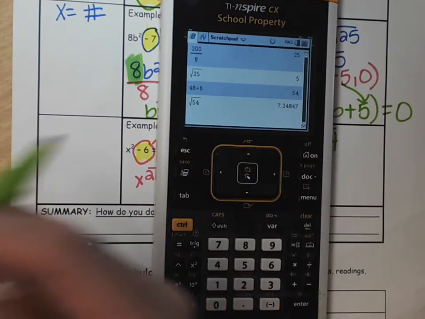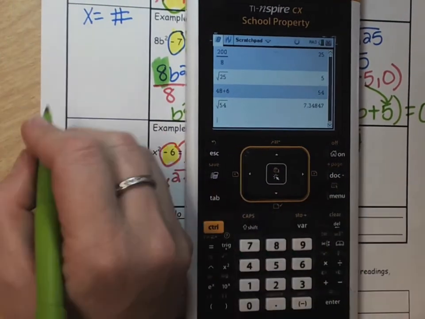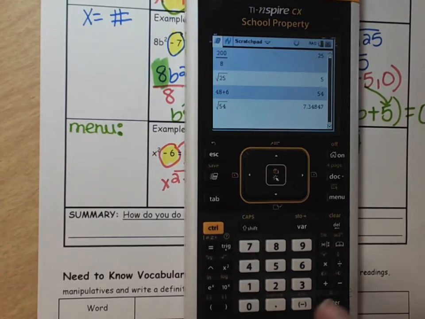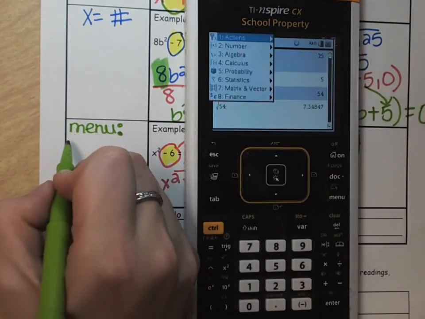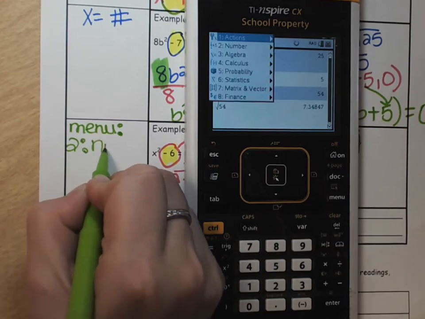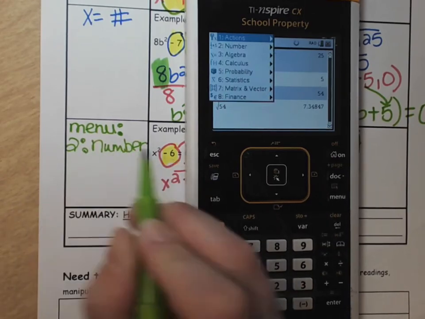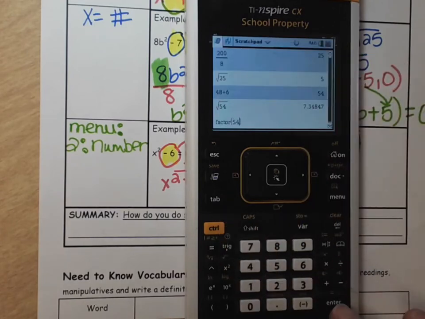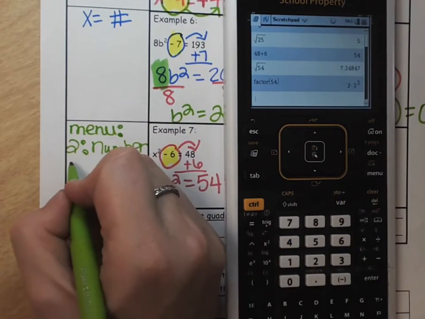So remember our steps. First, you go to menu. This is all on the calculator, not on the graph. So menu. Go to number 2, which is number. And then factor, which is number 3. We're going to factor 54.